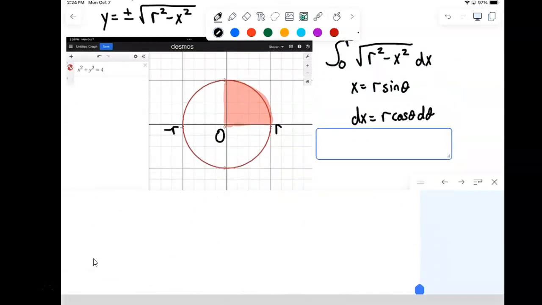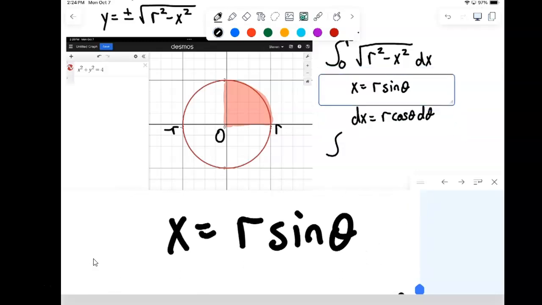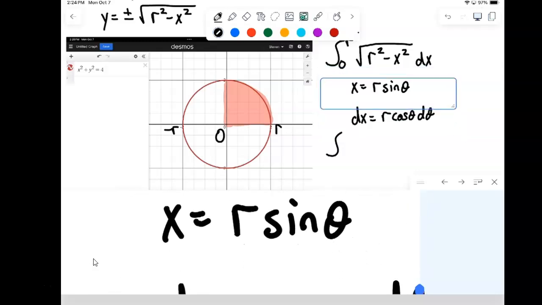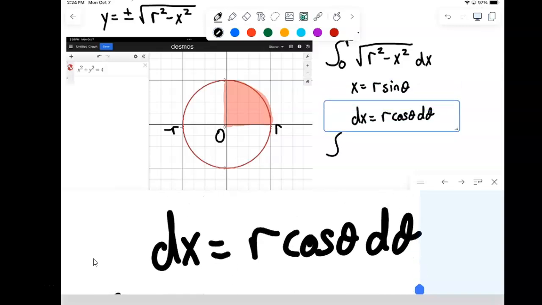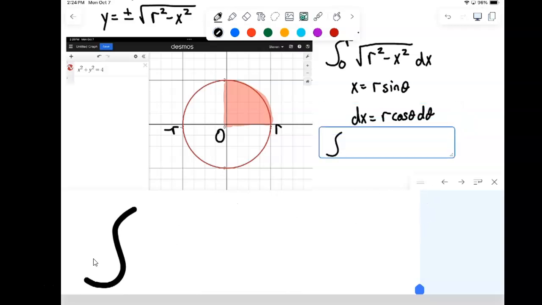At this point, I'm going to leave off my limits of integration, and I'll bring them back later on. I don't want to convert my limits of integration over to theta right now. We could, but I'd rather not. So I'm just going to leave them off for now, rather than converting them over. And then later on, once we get back in terms of x, then I'll bring them back in and we can work out the definite integral part of it.